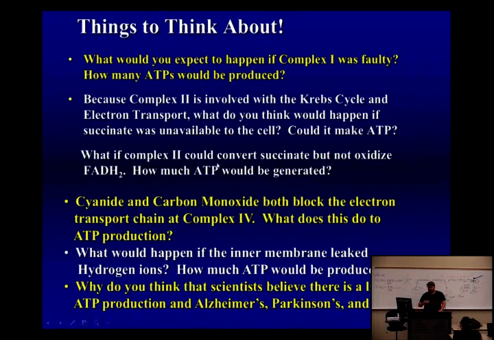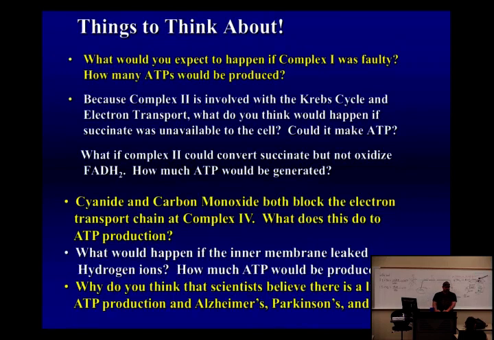What if complex 2 could work to make succinate, but it couldn't oxidize? That's a big word. What does that mean? Lose electrons, right? So it couldn't take the electrons off of FADH2. How many ATP would you get? This is actually a common occurrence in individuals with Alzheimer's.